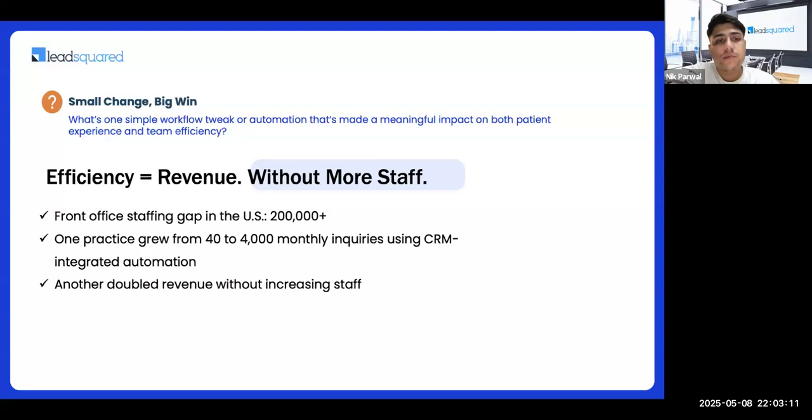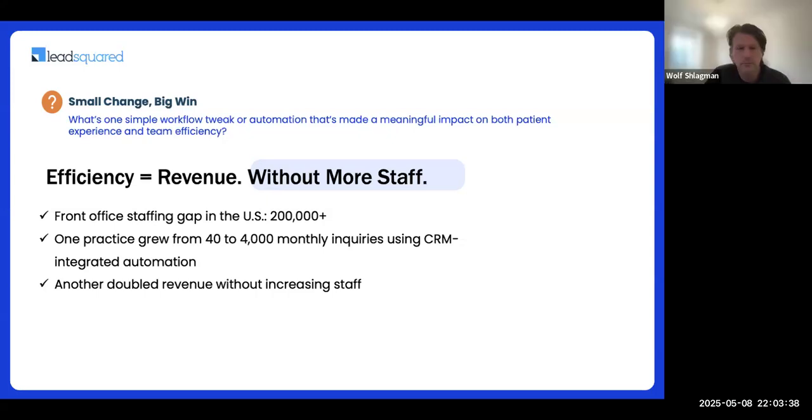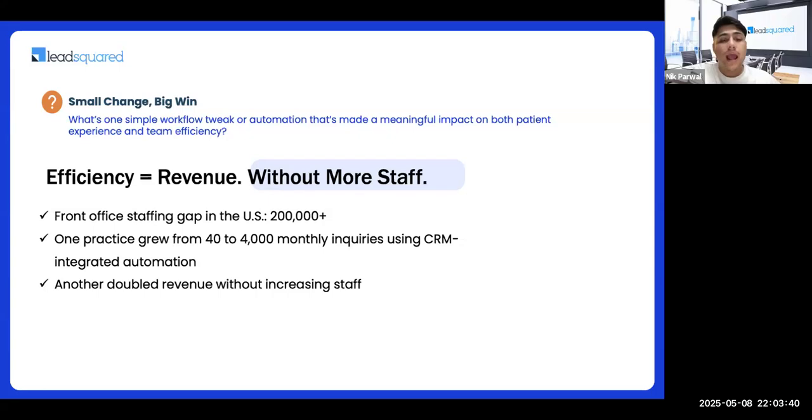One of the things that we've seen from a data point is that the front office staffing gap in the US is north of 200,000, right? But on the other side, a practice that was able to leverage the technology side without having to add more staff grew from 40 to 4,000 inquiries using a CRM because they just leveraged automation better. They were able to track things better, optimize their marketing, and optimize their acquisitions. So they obviously saw a lot of growth.